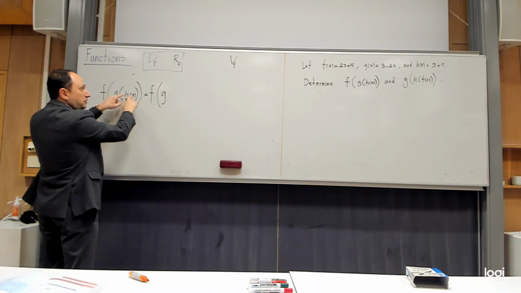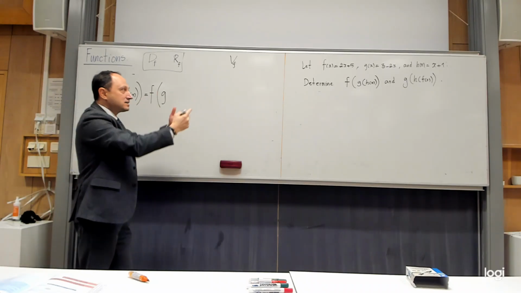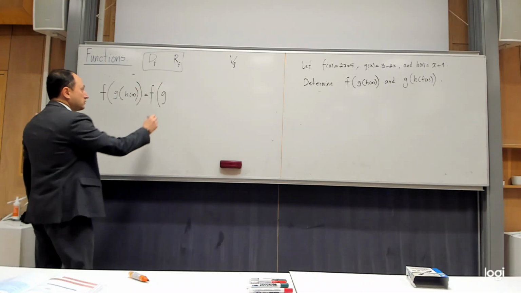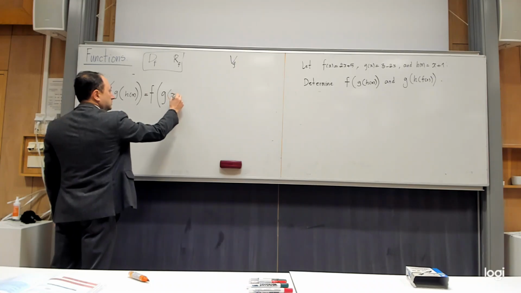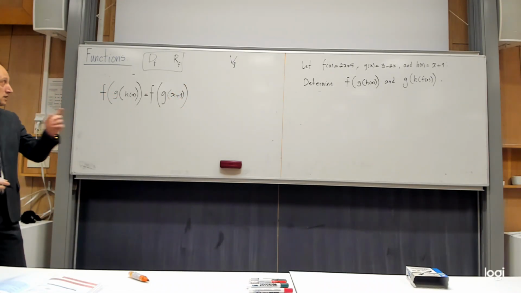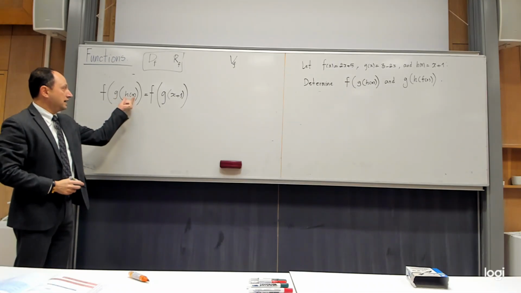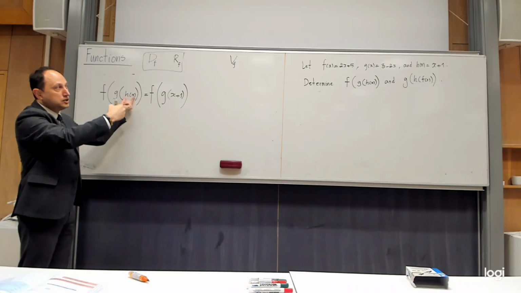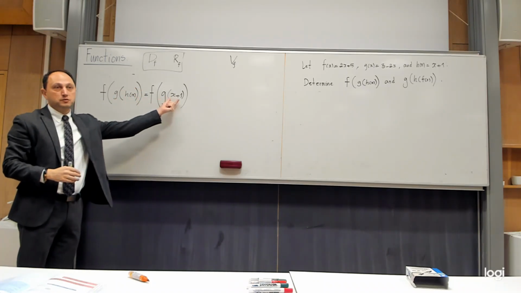And then instead of h of x, when h acts on x, it will give you 1 unit more. So it will give you x plus 1. This is the way that I expect you to write in the exam. So the inner function applies on x. According to the rule of the function, it adds 1 unit to the input, which becomes x plus 1.